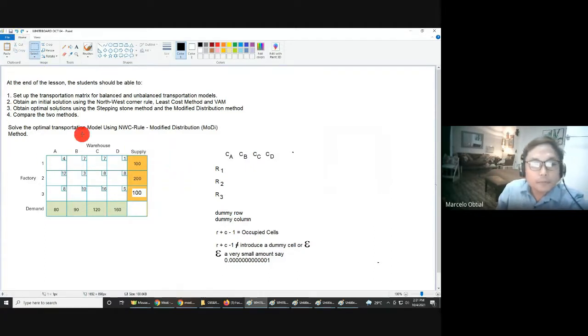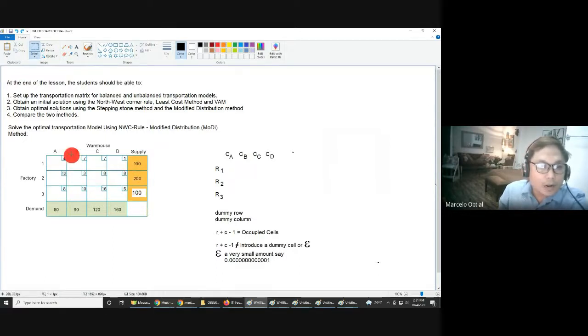What's the meaning of this table or tableau? It means to say that for every unit, for example, meron kang business, nagbibenta ka ng bigas. So sa factory 1 mo, there are 100 sacks available. Factory 2, 200 sacks. Factory 3, 100 sacks.